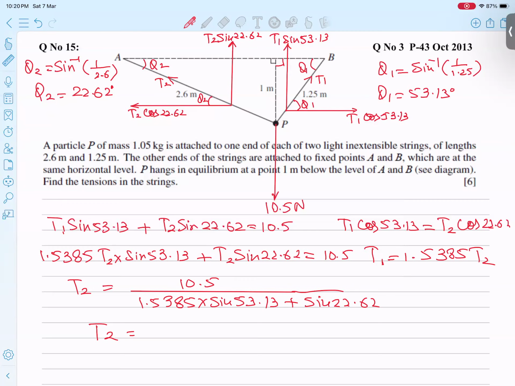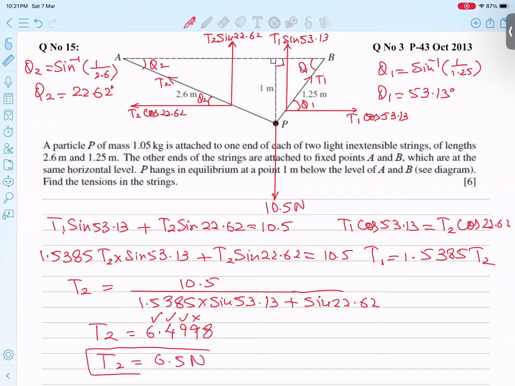So this answer is coming, and then 10.5 divided by this answer, I got 6.4998. I don't want to add more, so 6.50. So I'm getting here T2 is equal to 6.5 newtons.